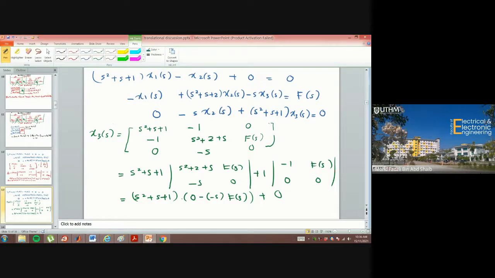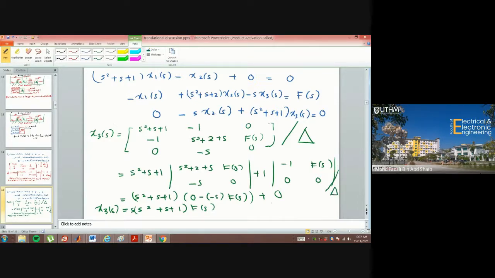So it becomes s times s squared plus s plus 1 times F(s). This is x3 of s. Sorry, this one needs to be over the determinant. This must be the determinant; this also must be over the determinant.